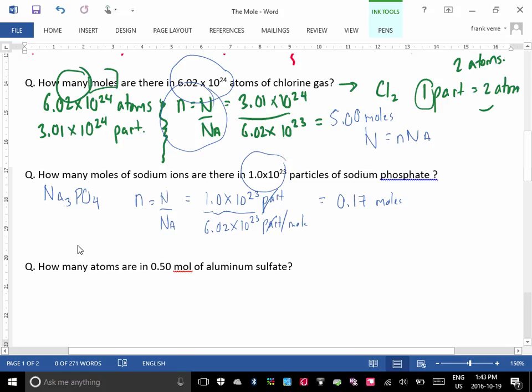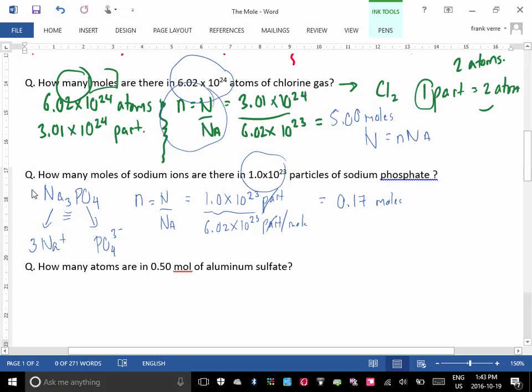Okay, does anyone know what happens to an ionic compound when you put it in water? It dissolves. It actually splits. So in water, this will split into sodium ions and phosphate ions. How many sodium ions do you think you'll get? Very good. Because if you look at your formula, there's how many sodium? 3. So there are 3 moles of sodium for every 1 mole of sodium phosphate.